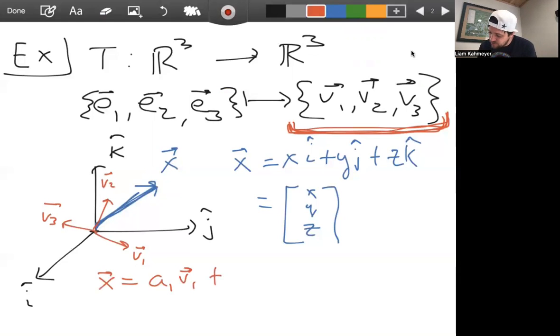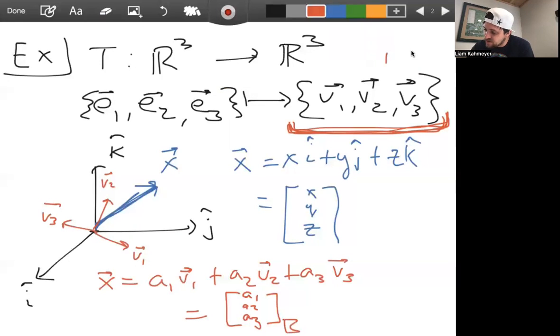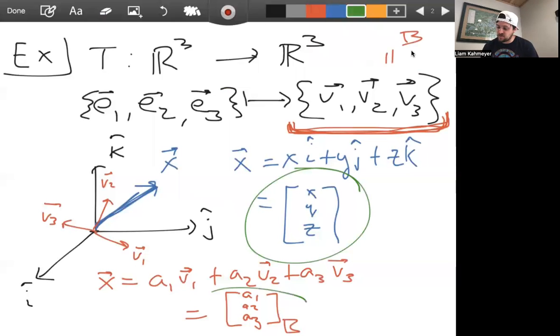So a1 v1 plus a2 v2 plus a3 v3, which would look like a1, a2, a3, and then B if we called this set B, right? And so you can see this description of X and this description of X are inherently different, but they're telling you the same information. It's just with respect to what coordinate system or what basis you are describing that vector.